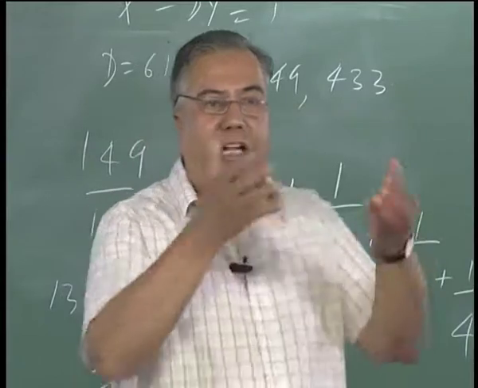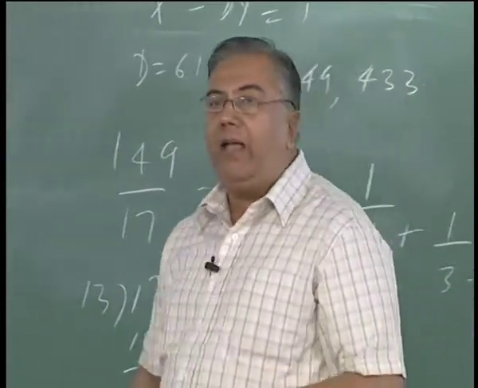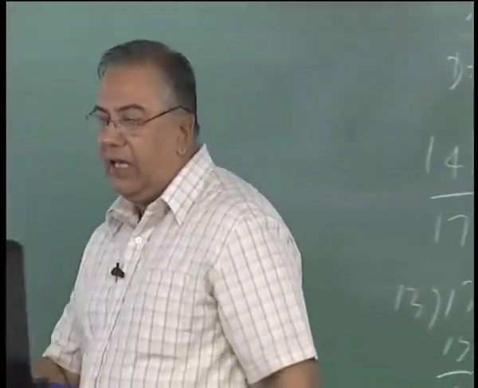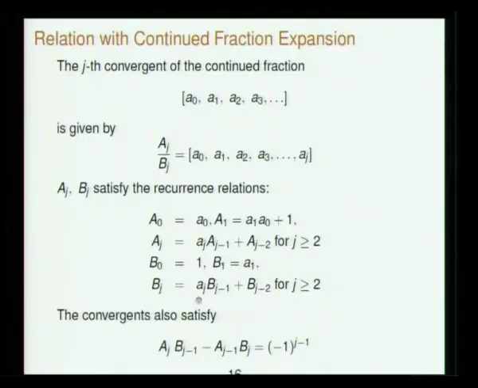Calculating the convergents backwards is the Valli, these recurrence relations are essentially the Valli relations. These a0, a1, a2 are the quotients that come in the mutual divisions of the Bhajya and Bhajaka in Kuttaka. And these convergents satisfy the property Aj Bj minus 1 minus Aj minus 1 Bj is minus 1 to the power j plus 1.